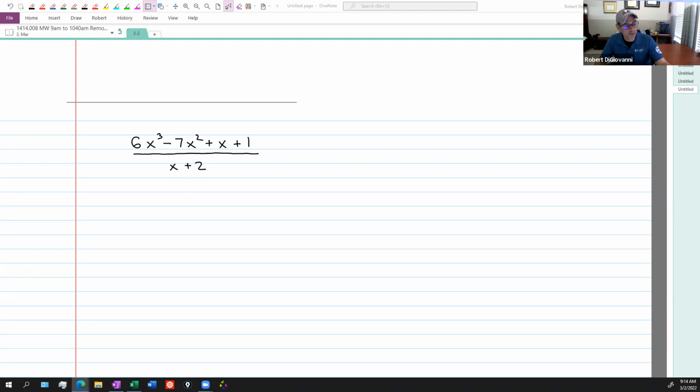All right, so first things first, draw my division box. The numerator goes in the division box. Put it in descending order. On the outside, I put x plus 2.